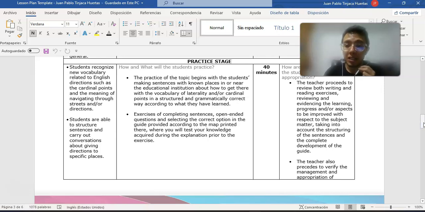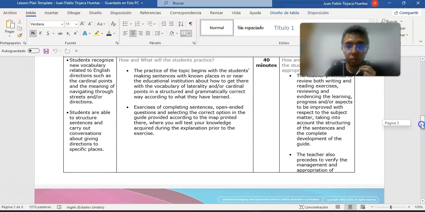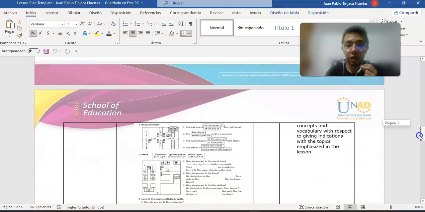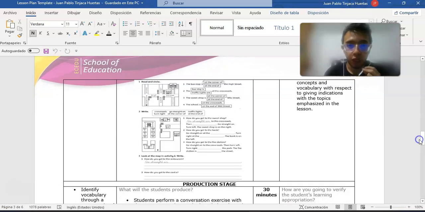After completing this exercise, we are going to make a worksheet or a guide. The students will develop this guide. You can see here the different exercises that we have on the worksheet. The first exercise is about choosing the right option, taking into account the vocabulary that we already learned using the audiovisual resource. The second part is about completing blank spaces within a conversation.